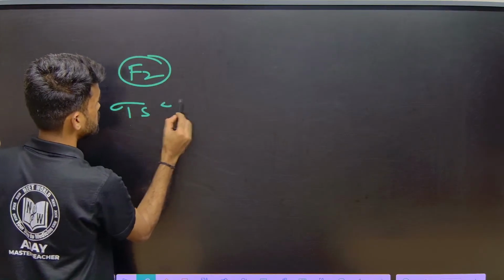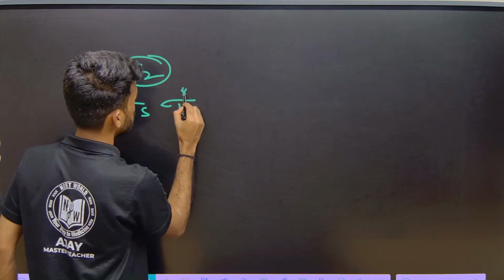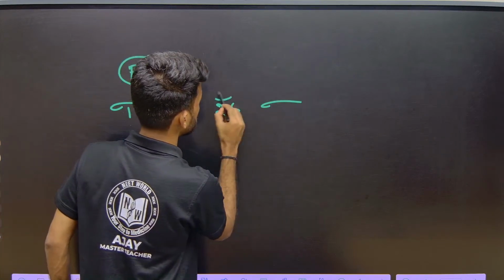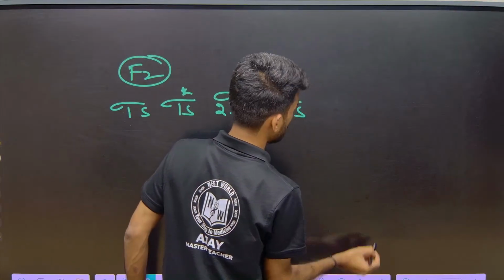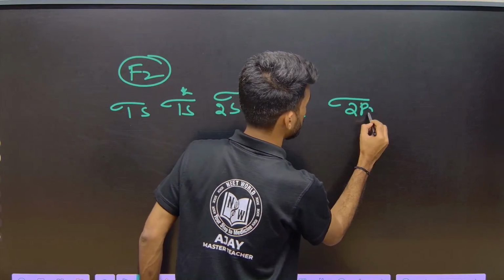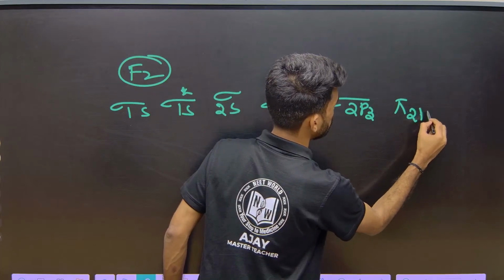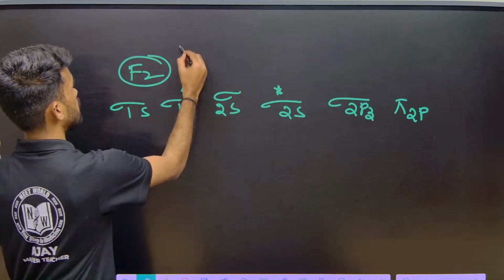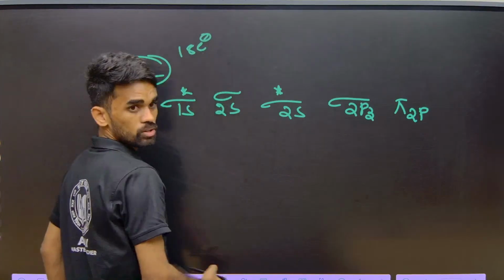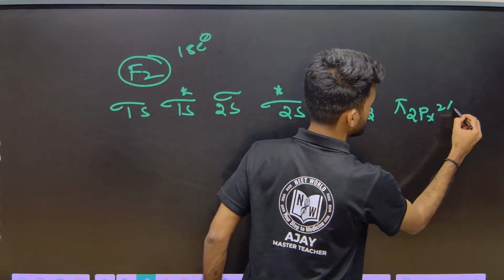Sigma 1s, sigma star 1s, sigma 2s, sigma star 2s, sigma 2pz, next pi. F2 has 18 electrons. Pi 2px equals pi 2py, then pi star.